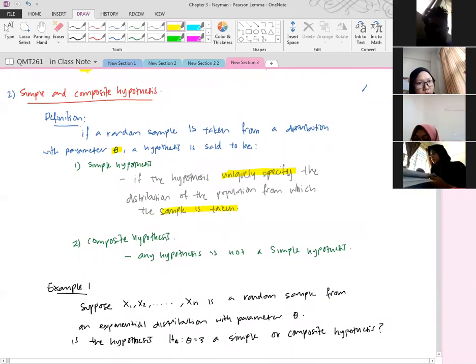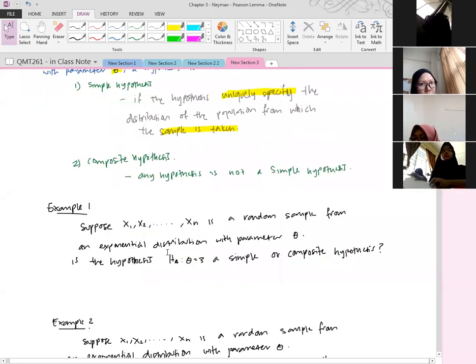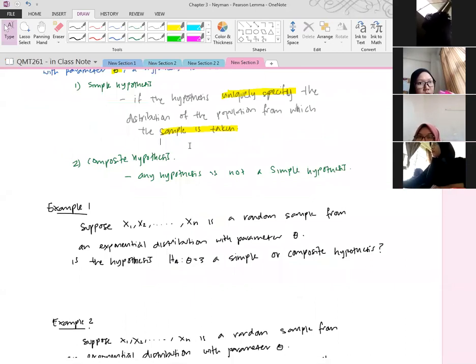A composite hypothesis is a hypothesis that is not a simple hypothesis, so it does not have a unique parameter for a certain distribution. Now, to differentiate between simple and composite hypothesis, let's look at the example.